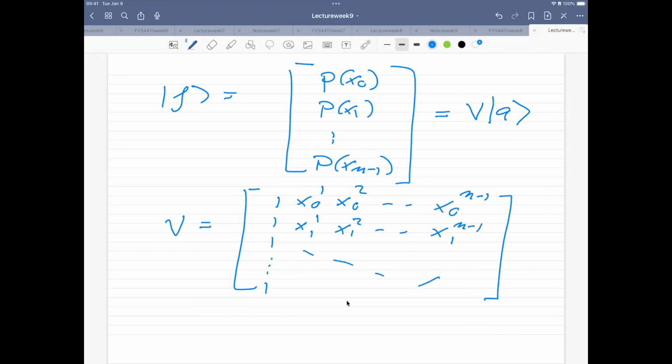This goes all the way down to x_{n-1} to the power of n-1. And this vector A is nothing but the unknown coefficients a0, a1, down to a_{n-1}.